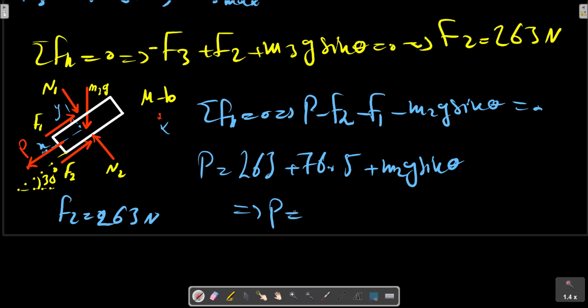So P equals the maximum force before any slipping occurs.